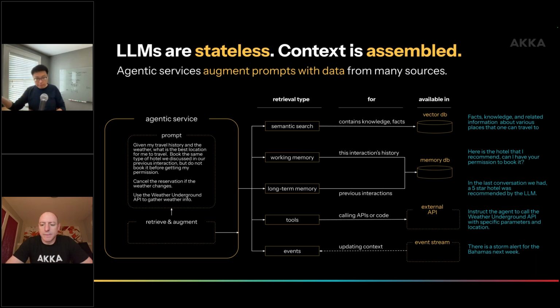You might be calling APIs and getting ski conditions or weather conditions from an API, which is more real time. And you might have event streams, like a video event, like maybe you're reading a webcam that's at the top of the ski mountain, right? So all these things are actually being assembled by the agent to be sent to the large language model.